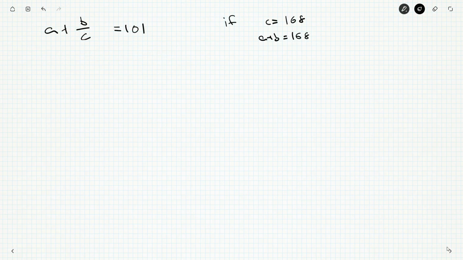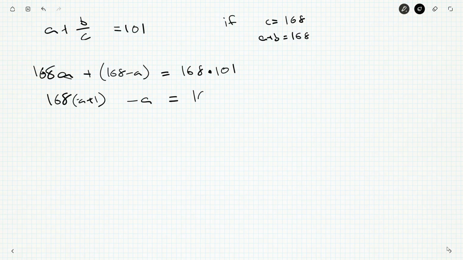Actually, no, I should have left it like that. So 168A plus B, which is 168 minus A, is equal to 168 times 101. So that's 168A plus 1, all minus A is 168 times 101.